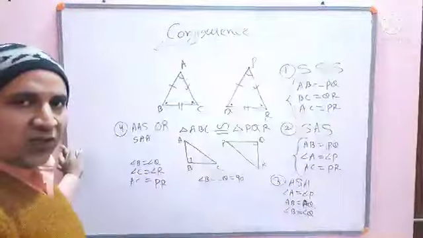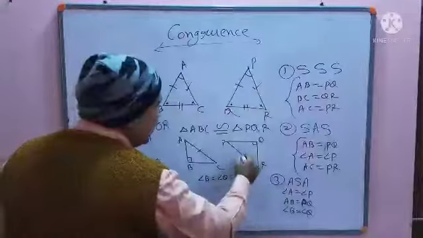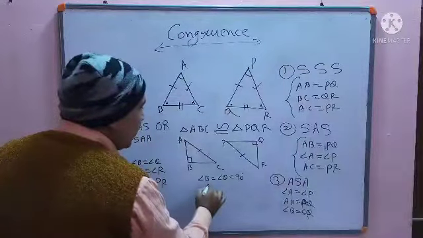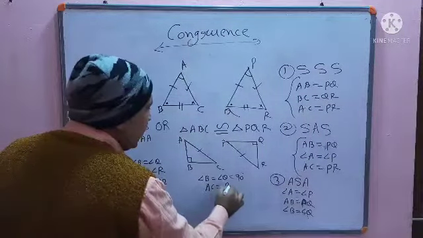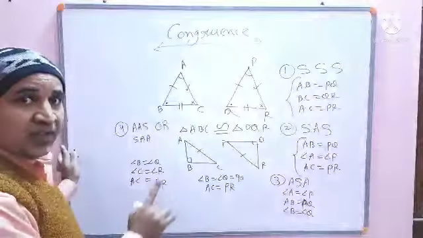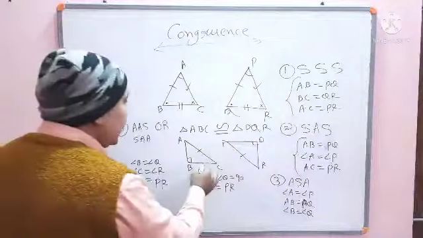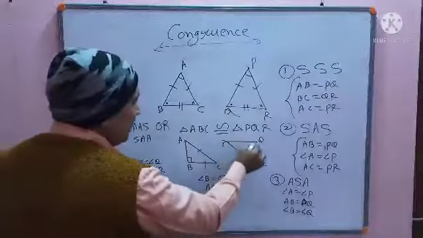One is already equal. Next, side AC must be equal to PR. Yes, the hypotenuse should be equal. Right angle and hypotenuse should be equal, and then one more side.